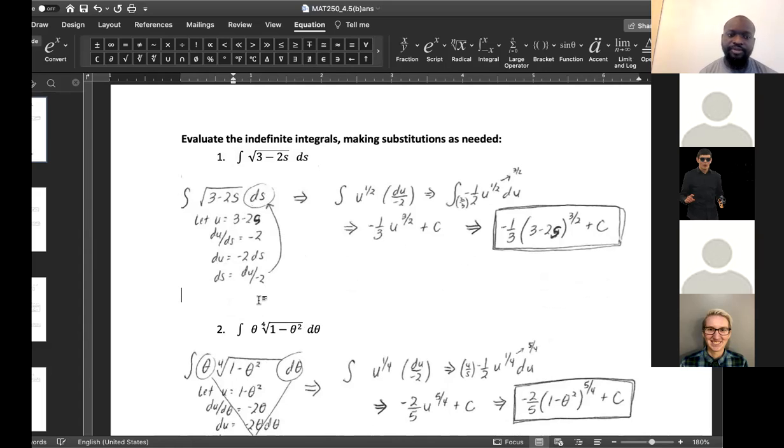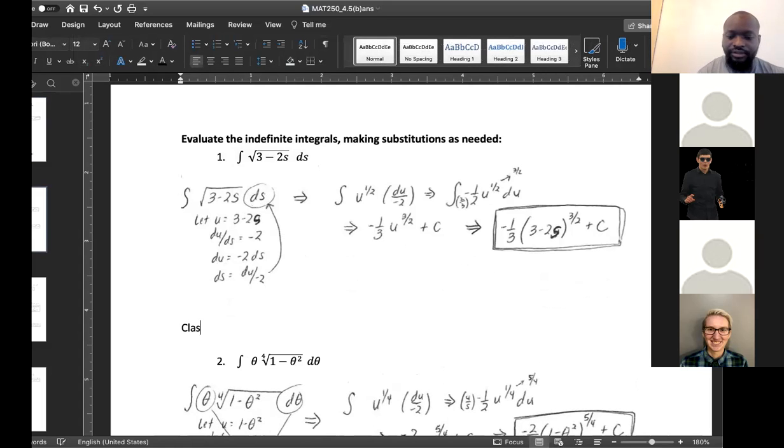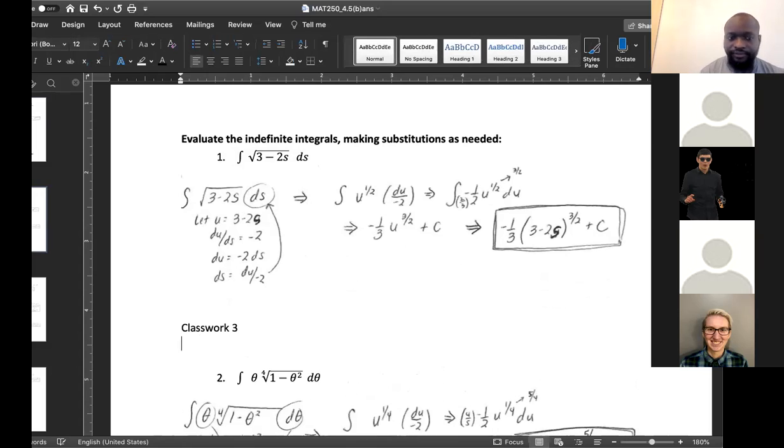So look at this. I'm going to give one last class problem to see if you guys can redeem yourselves. Classwork 3. If you understand this, I'm going to give a similar one.